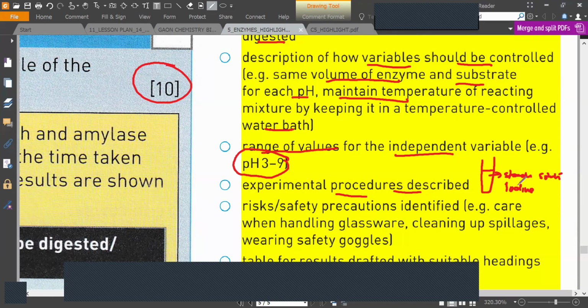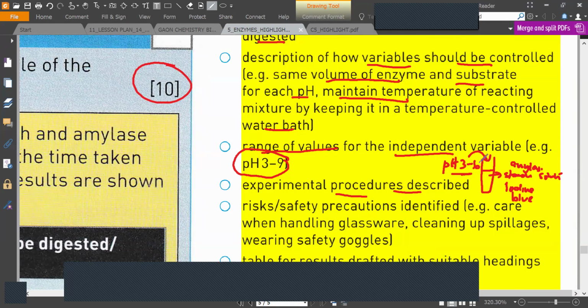At first it is blue color. And then we'll put the amylase also, and then the different pH solution.